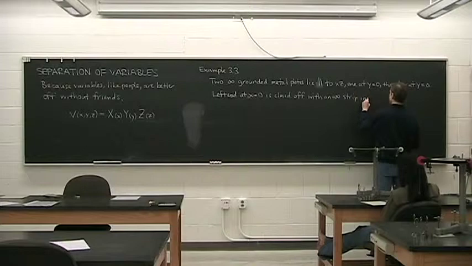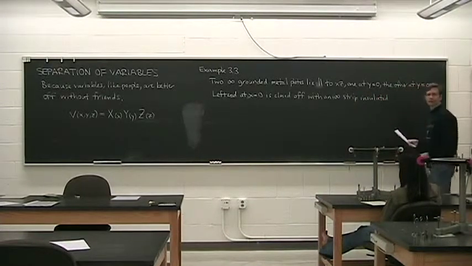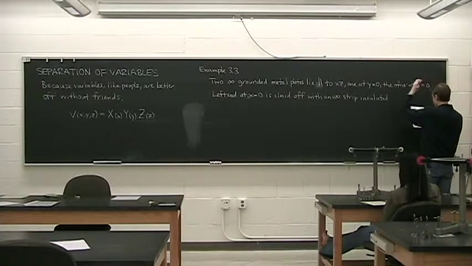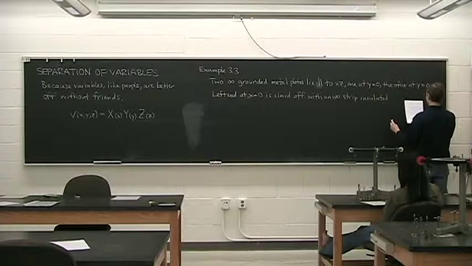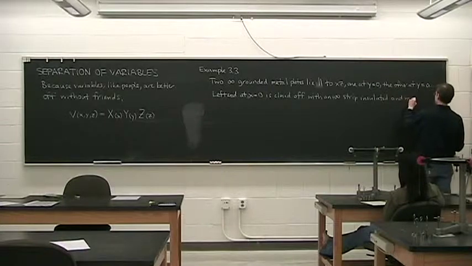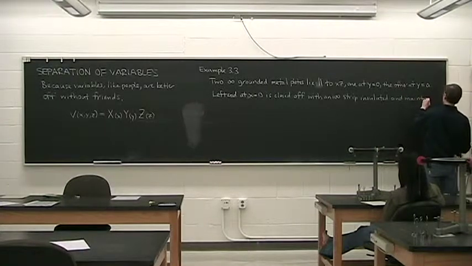Insulated from the two plates. So maybe it's a piece of rubber, basically, and so there's no charge going to flow from the strip to the plates. Insulated from the two plates and maintained at a specific potential, which is a function of y.